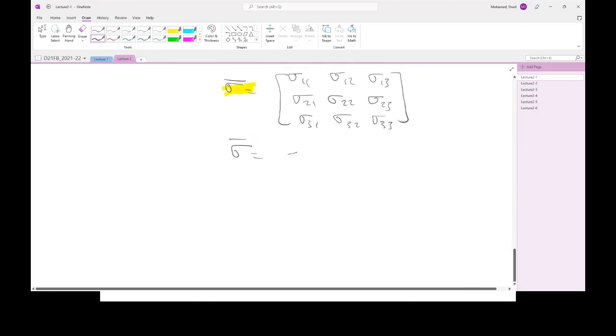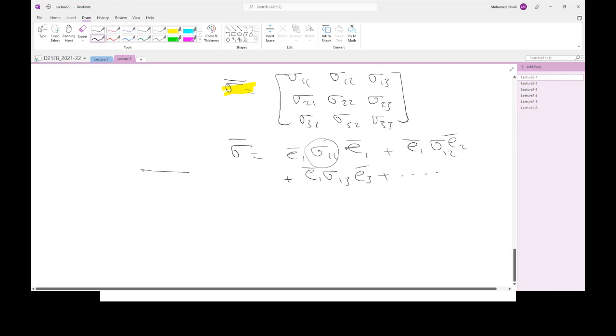So this can be written as E1 sigma 11 E1 added to E1 sigma 12 E2 added to E1 sigma 13 E3, and so on. So you basically add a summation, where each quantity is active in two directions. This is active in two directions because it has two indices.